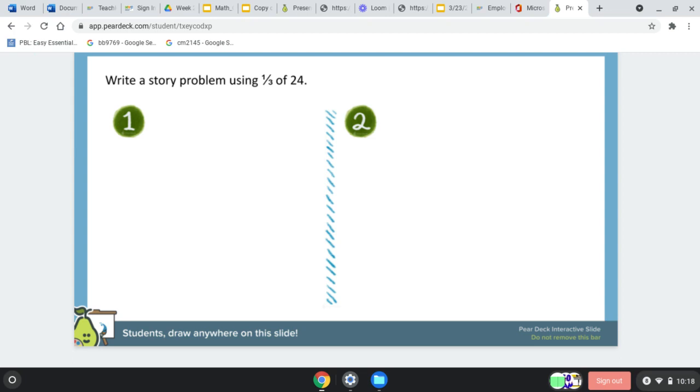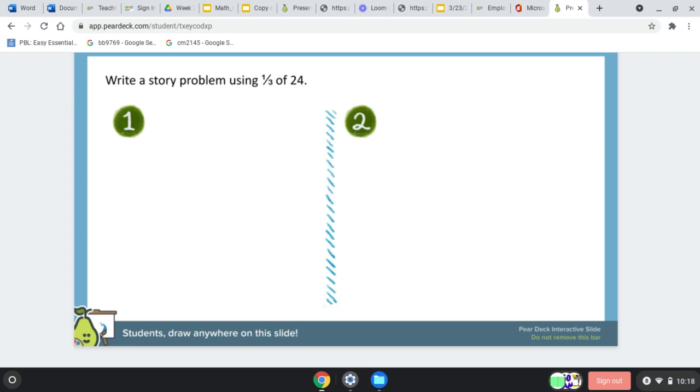So the situation we're in reads like this. Write a story problem using 1/3 of 24. So when I think about what it's asking us to do, I'm thinking that we have an amount of 24 of something, a bulk of something, 24 being our whole, and then within that whole, we have to determine how much is 1/3 of that 24.